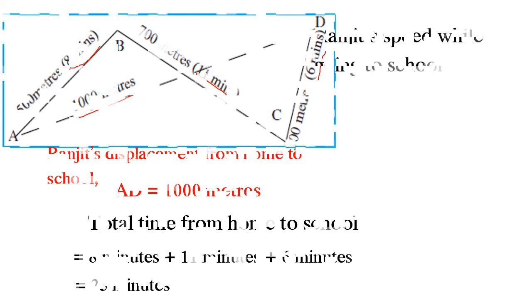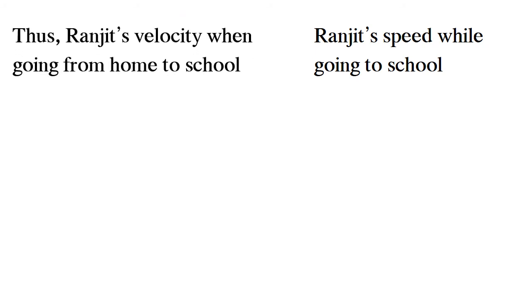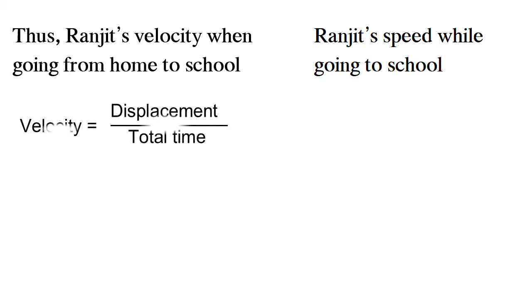Now let's find out Ranjit's velocity when going from home to school, and speed. First find out velocity. Velocity will be equal to displacement upon total time. Now displacement is how much? It is 1000 meter, and total time required is 25 minutes.